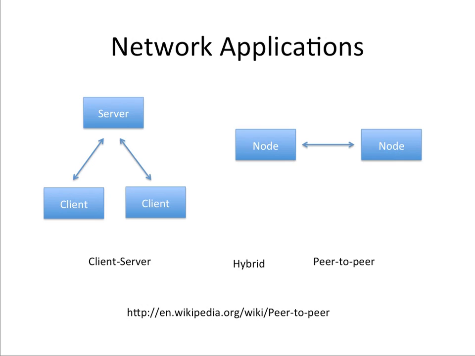Communication between the clients. The server is going to be the intermediary to make this communication happen. For example, if client 1 needs to send a message to client 2, client 1 is going to tell the server, okay, here's a message, please deliver it to client 2, and the server is going to send that message to client 2.